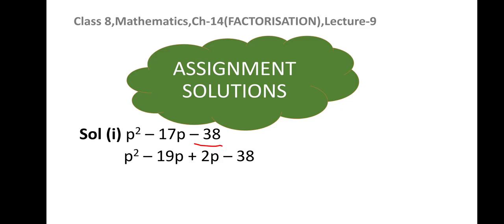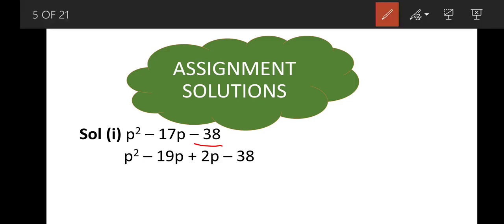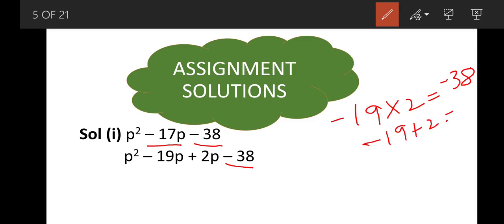So minus 19 plus 2 are the two numbers. If I multiply I will be getting minus 38, and if I add them I will be getting minus 17. That is, minus 19 into 2 you will be getting minus 38, and minus 19 plus 2 you will be getting minus 17.